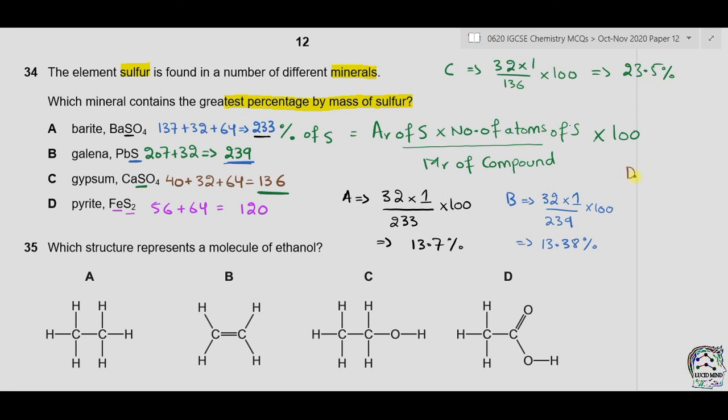Similarly for D, atomic mass of sulfur is 32 and there are 2 atoms of sulfur present in iron sulfide, divided by the molecular mass of iron sulfide, which is 120, into 100. The percentage of sulfur in D comes equal to 53.3%. So we can see that the greatest percentage by mass of sulfur is present in D. So therefore the answer is D.